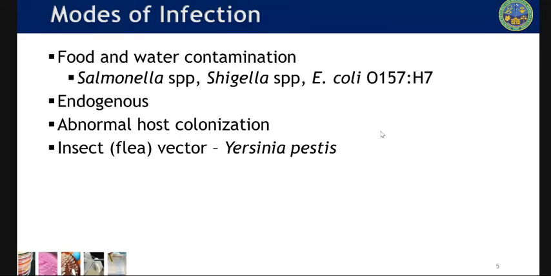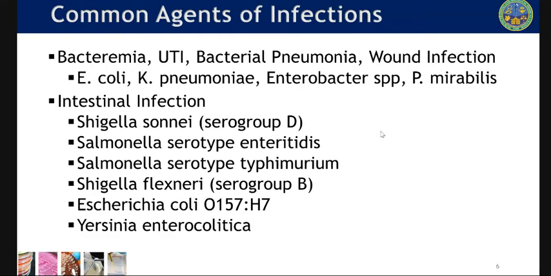And then this is different from food and water contamination: through an insect vector, particularly a flea, would be your Yersinia pestis. So please do consider this as a highlight of the most common pathogens that you will be considering under Enterobacteriaceae.